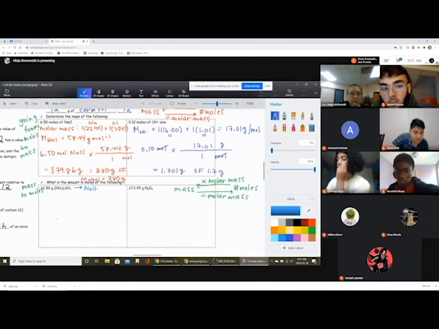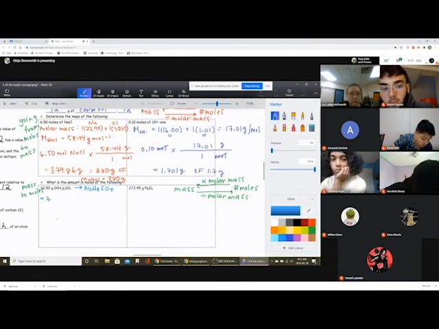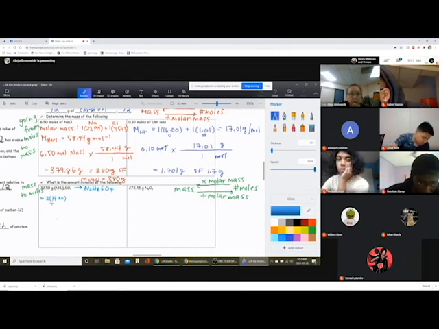So N2H8SO4. Okay, so let's calculate the molar mass. For my nitrogen, 2 times 14.00, so this is my N2, plus for my hydrogen, 8 times 1.01, so this is my H8.